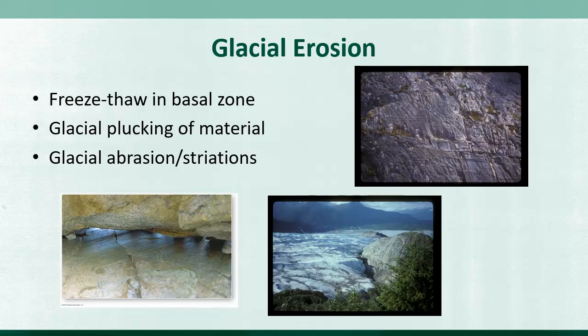Down in that basal zone where you have the glacier moving in a plastic-like manner, you have a lot of freezing and thawing of the ice right down near the surface of the ground. That freezing and thawing is responsible for a lot of physical weathering that takes place at the surface of the ice.